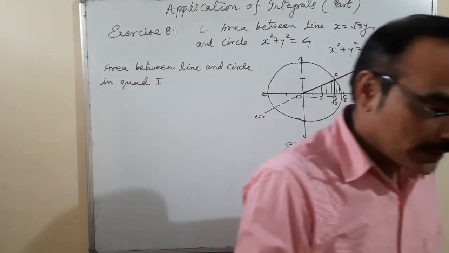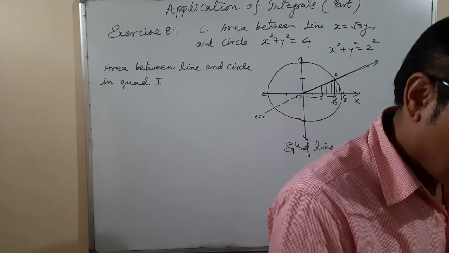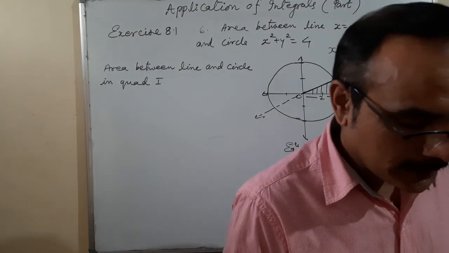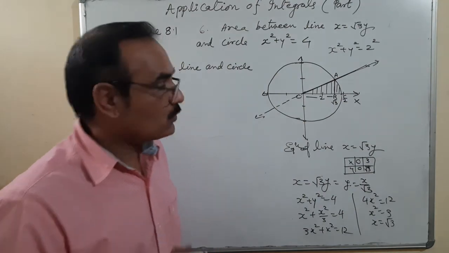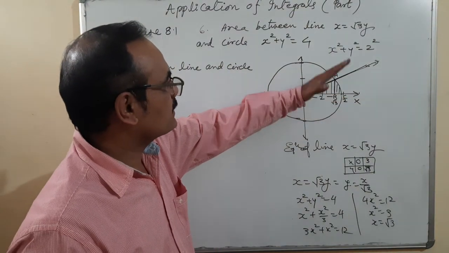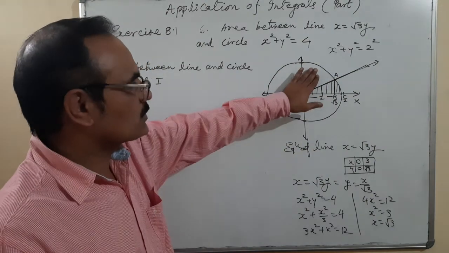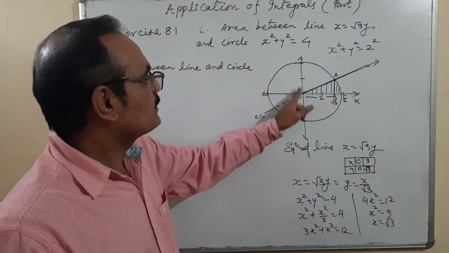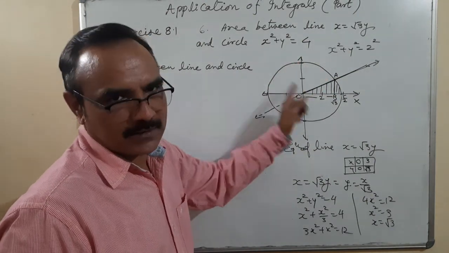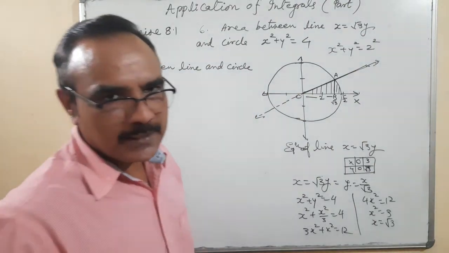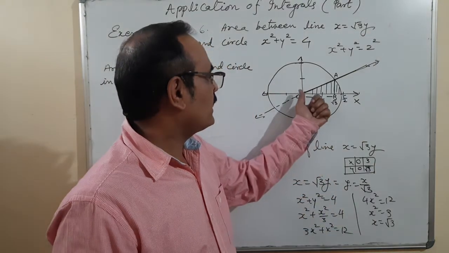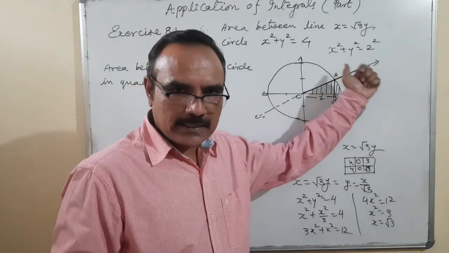By the way, find the area of the region in the first quadrant enclosed by the x-axis, line and circle. Another portion would also be possible, bounded by circle, line and y-axis, but we are going to find the area which is bounded by the line, x-axis and circle.